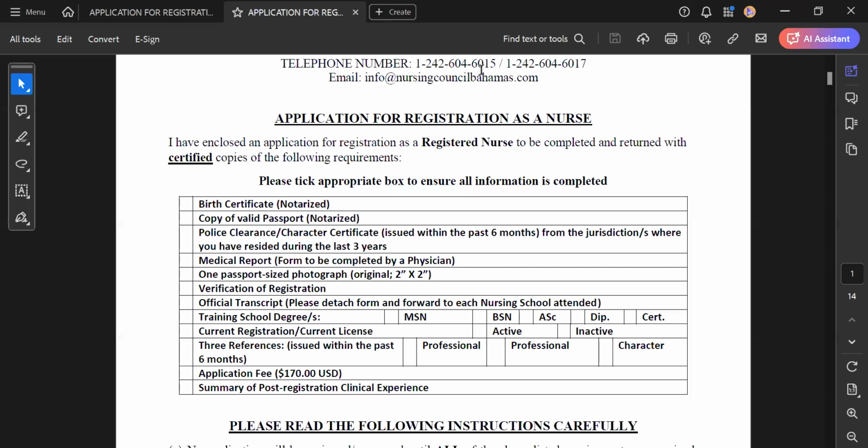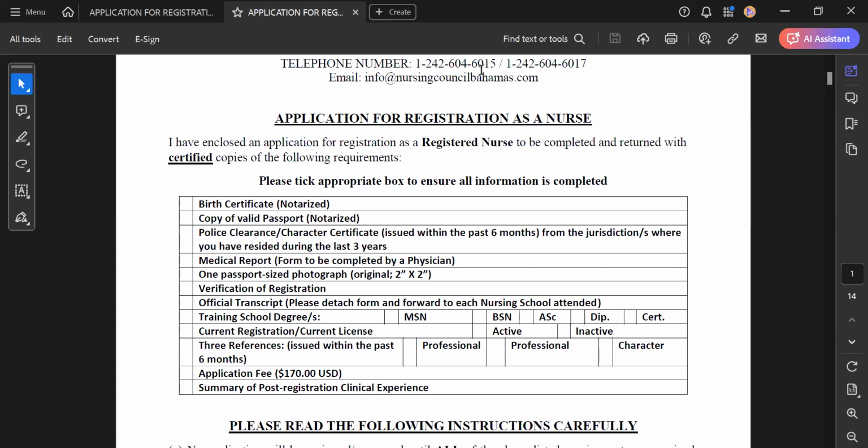But make sure whatever you are ticking, you have the certificate to back it. You are adding the certificate to your documents. If you have done it and you don't have the certificate for that, forget it. And the current registration, that is the current license, it should be active.